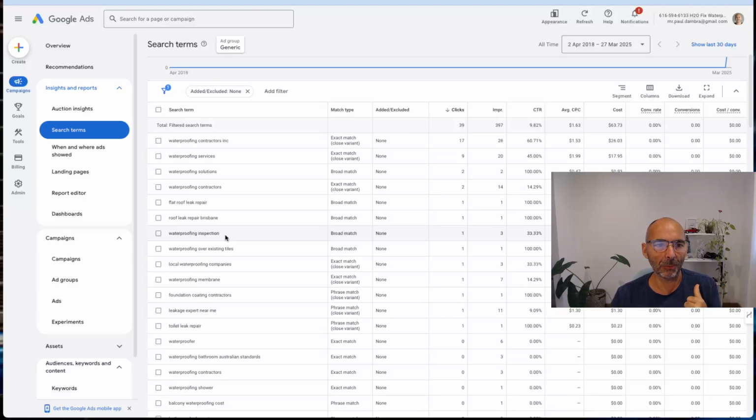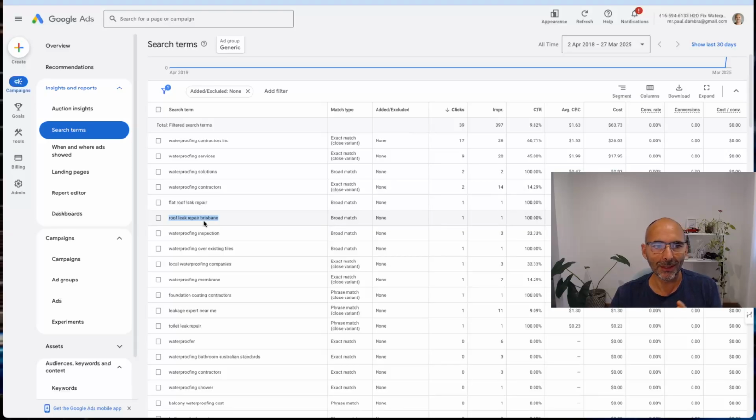And so, for example, here, roof leak repair Brisbane is obviously not relevant because the business is based in Sydney. The campaign actually was set up to be focused on just a certain suburb and 20 kilometers beyond that suburb. So why the hell this would show up for roof leak repair Brisbane?